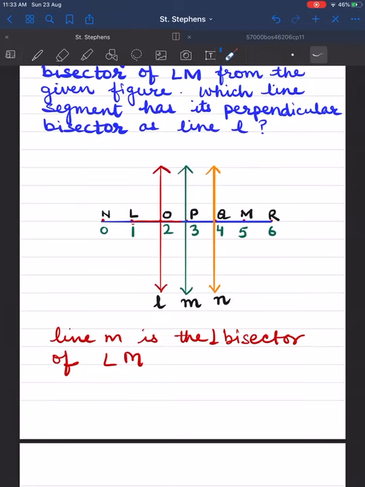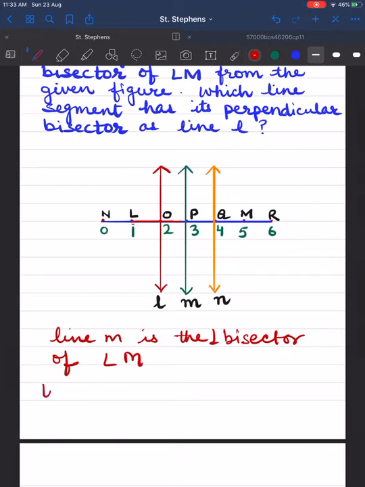Now let's find out which line segment has its perpendicular bisector as line L. And we observe that line L passes through O. Now let's find out O is the midpoint of which line segment. And we observe that O is the midpoint of line segment LP.